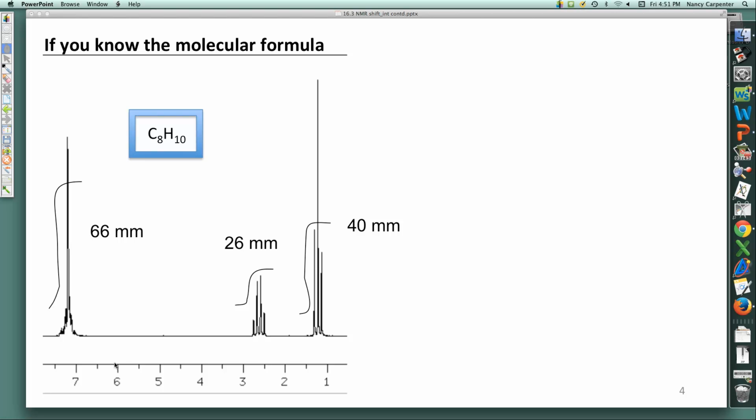But if you know the molecular formula, life is much simpler. Because then you know, in this molecule, with my integral measurements, there's 10 hydrogens here. So all I have to do is make a conversion factor. 66 plus 26 plus 40 equals 132. So for 132 total millimeters, there's 10 hydrogens.